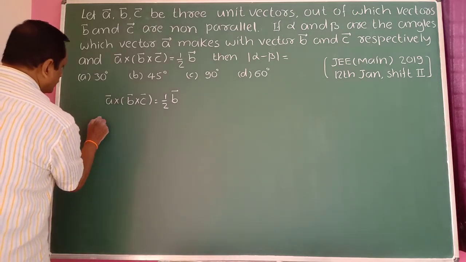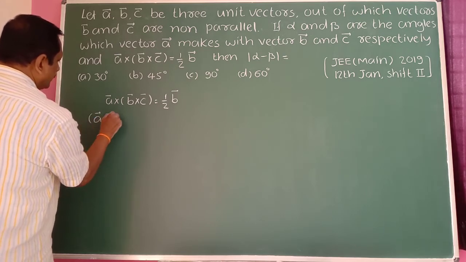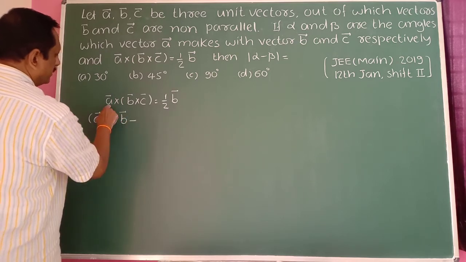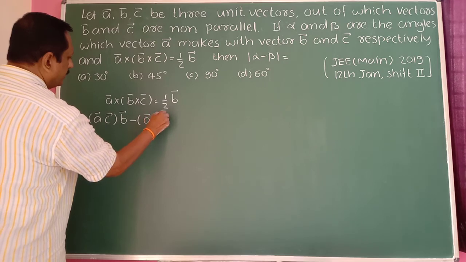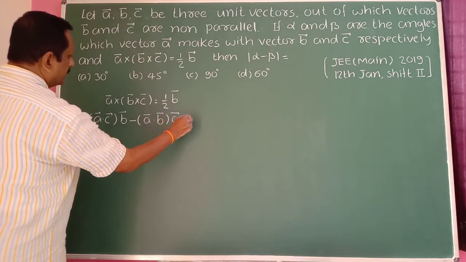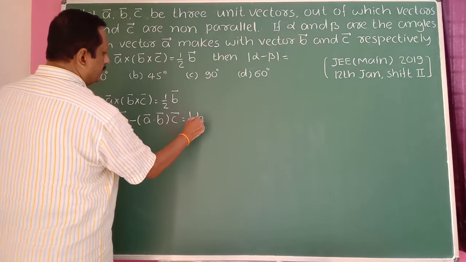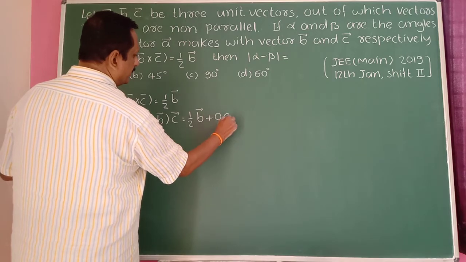A bar dot C bar into the vector B bar minus A bar dot B bar into the vector C bar is equal to 1 upon 2 into the vector B bar. You can write this as 0 into the vector C bar.